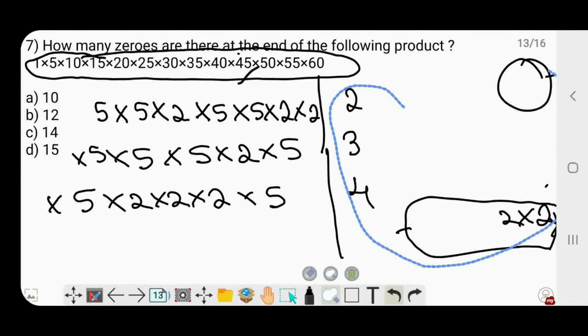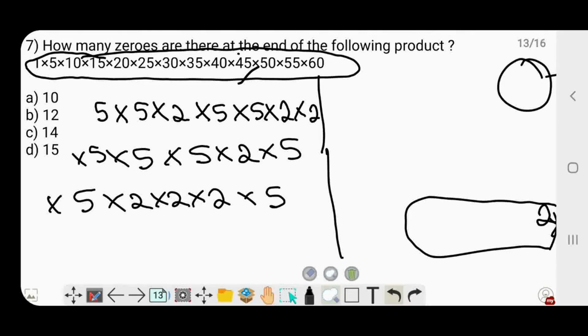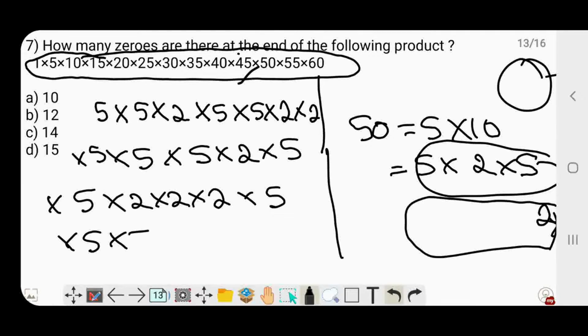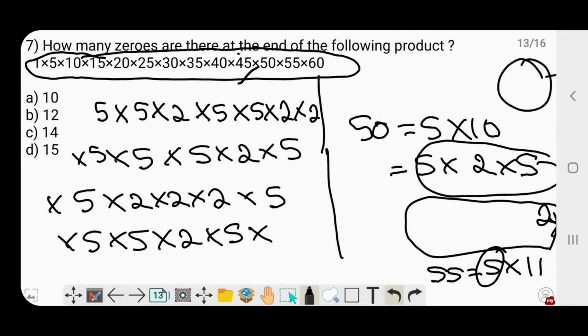And let's see what 50 contributes. So 50 can be written as 5 into 10, which in turn can be written as 5 into 2 into 5. So 50 contributes two 5's and one 2, which I'll write over here, into 5 into 5 into 2. And we have 55 and 60. So 55 can be written as 5 into 11. 55 contributes one 5. 11 is of no use.